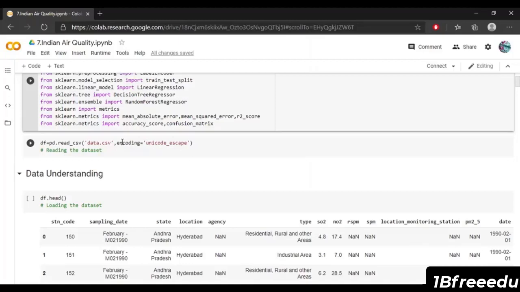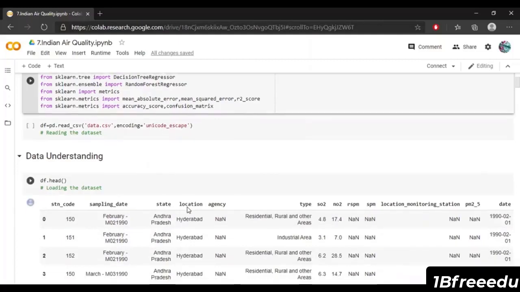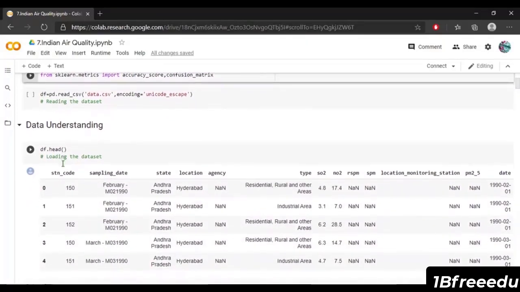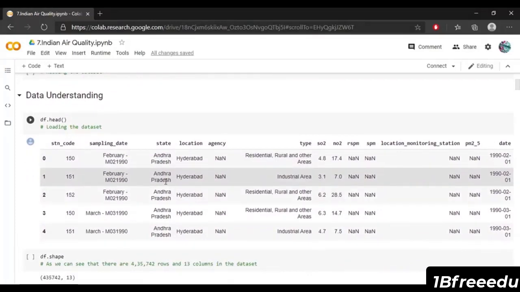If we do not use this encoding, then we are going to have a different data set, like the column names are going to be missing, and the data set is not going to look uniform. So we have used encoding equal to unicode_escape, and this is the resulting data set over here. And we have used df.head, and this is how our data set looks like.